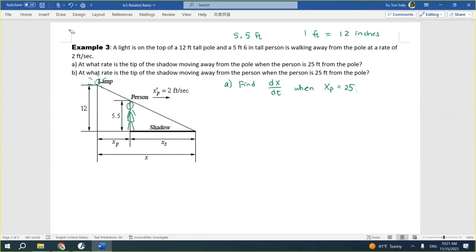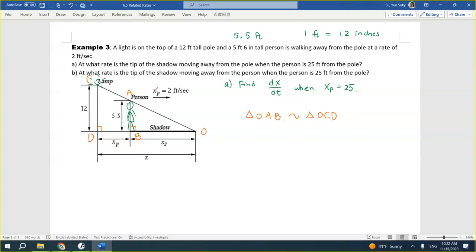Okay, let's see. Do you see here we have two similar triangles? So let's give it some letters. So OAB, and let's say this is CD. Can you see the triangle OAB is similar to the triangle OCD?